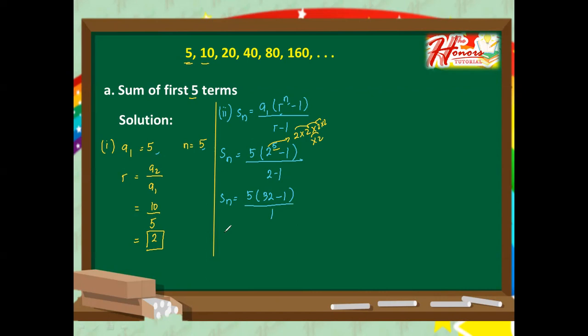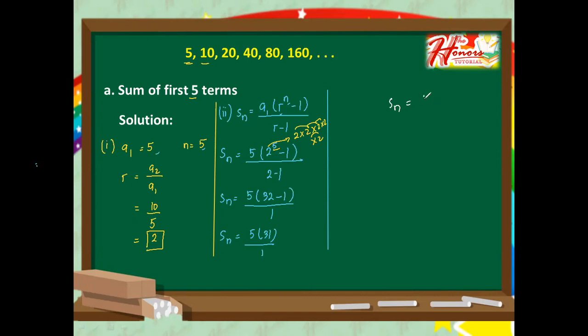Let's continue solving. S sub n is equal to 5 times 32 minus 1, that's 31, over 1. So now we have S sub n is equal to 5 times 31. Let's multiply it. That is 155.